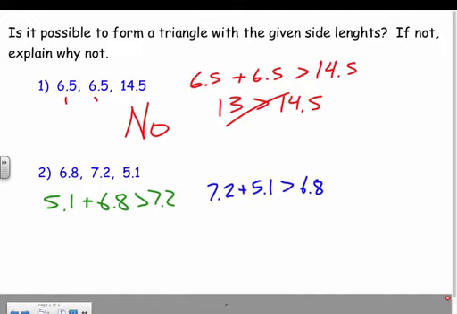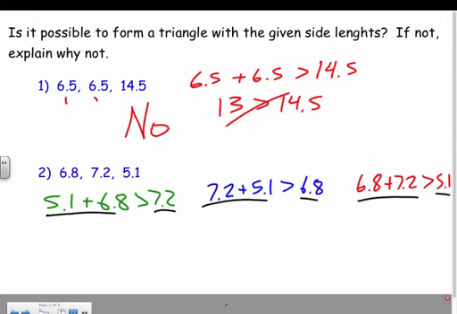And then take the two biggest, 6.8 plus 7.2, and see if that's bigger than the third side. Well, that one's obvious for sure. So all these work out. I don't even really have to add them. I can just look. I know that this is bigger than this, this is bigger than that, and that's bigger than that. So I know this is a triangle. I don't even have to find the exact lengths; I can just tell by looking. So two sides have to be bigger than the third side for every situation in a triangle, for it to be a triangle.